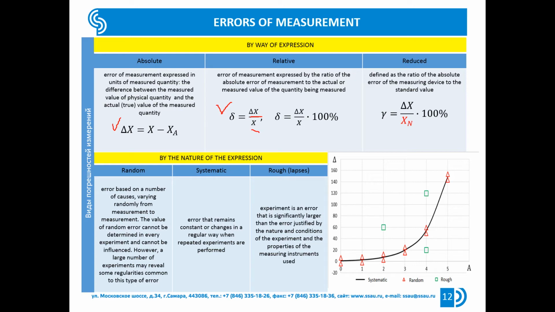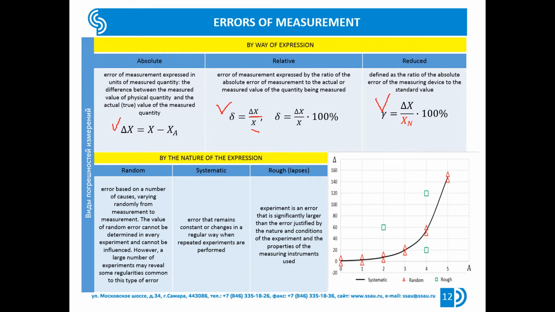Measuring devices are often characterized by the reduced error, which is defined as the ratio of the absolute error of the measuring device to the standard value. The upper limit or measuring range of the device is taken as the standard value. The reduced error is usually expressed as a percentage.